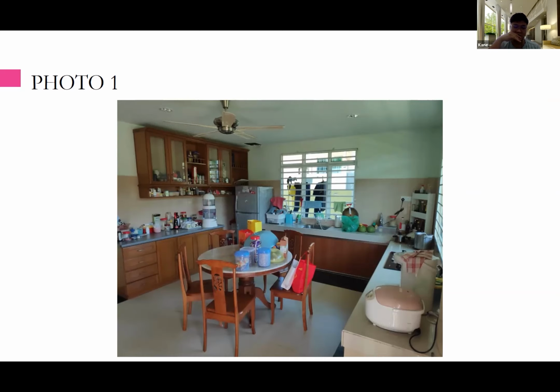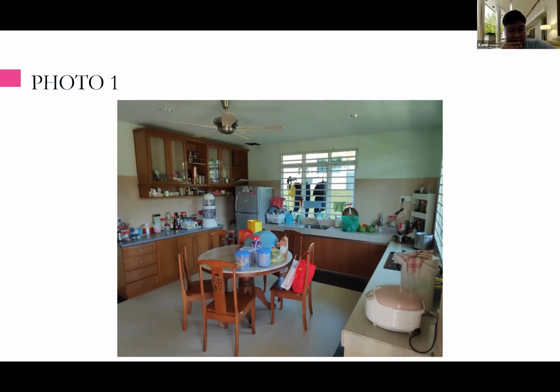First thing when I go into his house, I take this photo and I tell him that, first, it is very messy. Second, the table is already half occupied by the items, the containers. This is a Chinese man's house, so you can tell from the items. That means insufficient cabinets for storage.